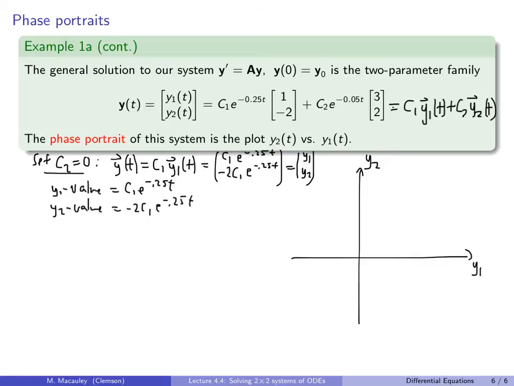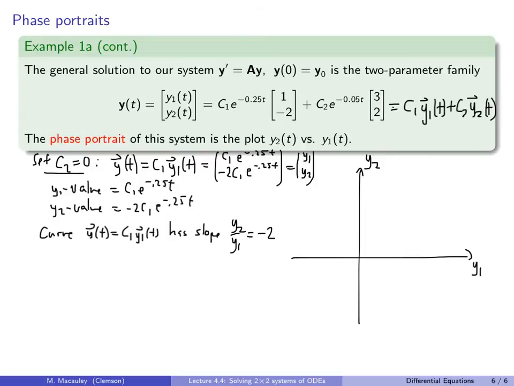So the curve y of t, which is C1 y1 of t, has slope y2 over y1, let's write that down, y2 over y1, which is negative 2.